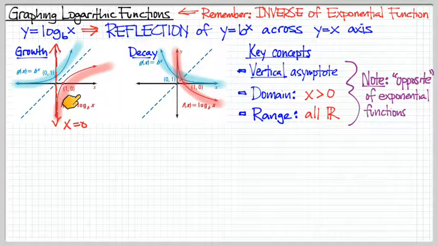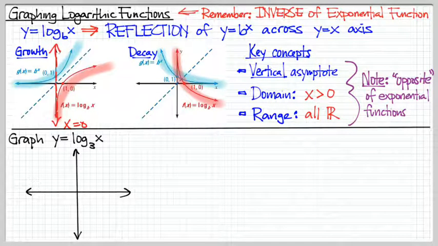We have our vertical asymptote, and so anything to the right of the asymptote, all the values of x greater than 0, are our domain, and then the range can swing from negative infinity all the way to positive infinity, so the y value consists of all the real numbers.